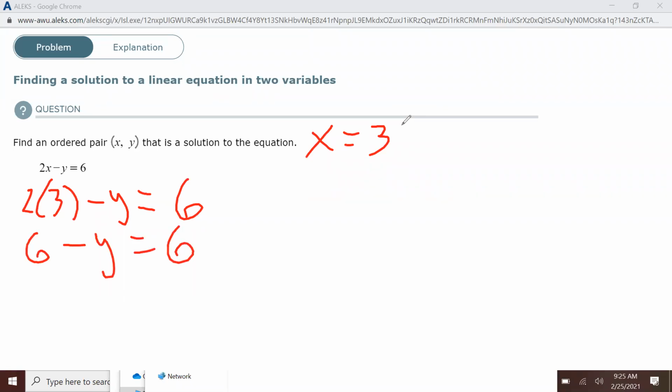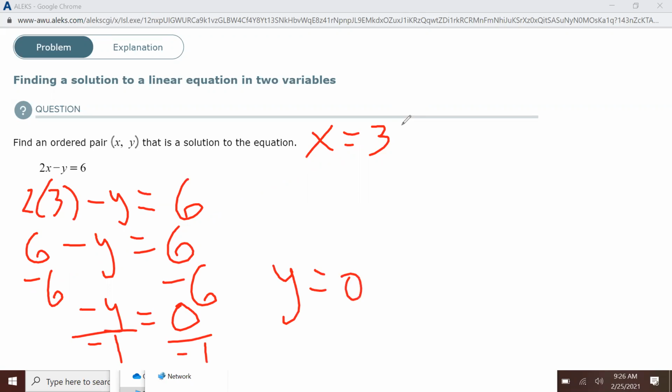Simplifying, I might subtract 6 from both sides. And then dividing by -1, I get y equals 0. Therefore, the point 3, 0 is a solution to the equation.